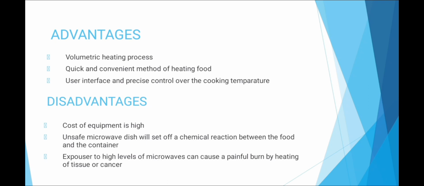Then the next part is the disadvantages. The disadvantage of the microwave oven is that the cost of equipment is high. An unsafe microwave dish will set off a chemical reaction between the food and the container, and exposure to high levels of microwave can cause a painful burn by heating tissue, or cancer.